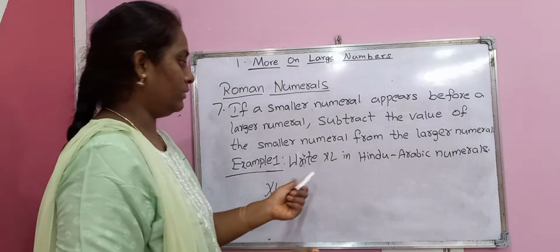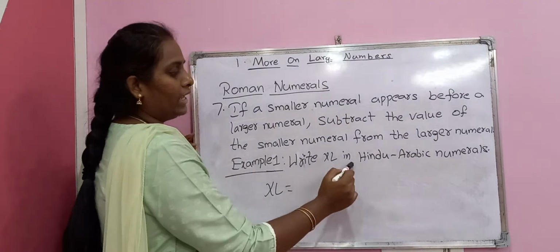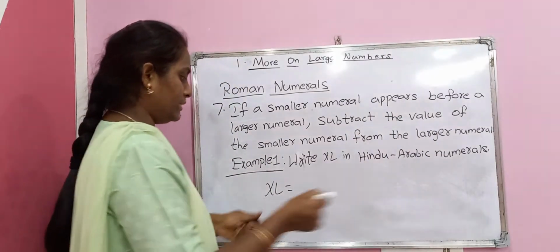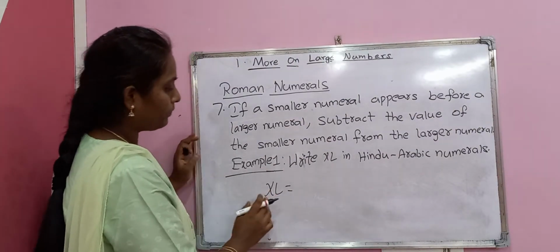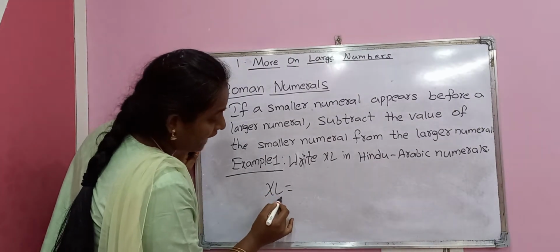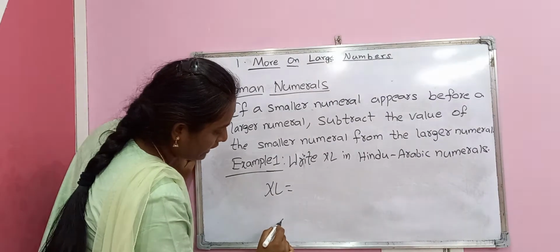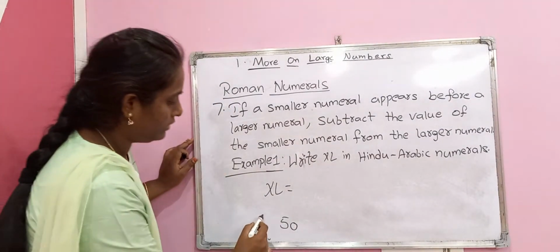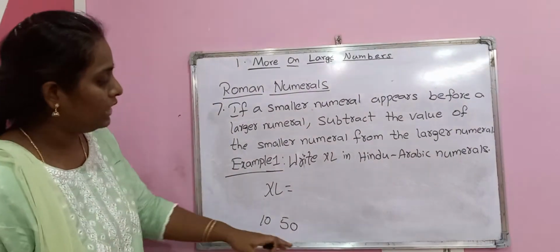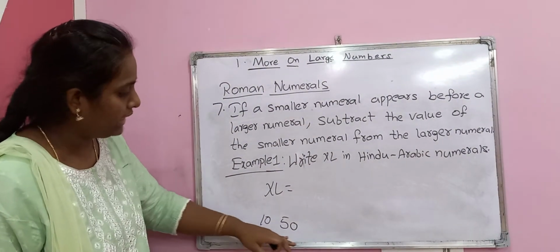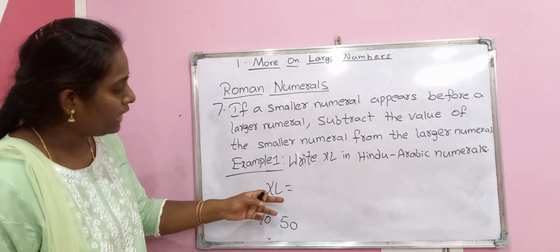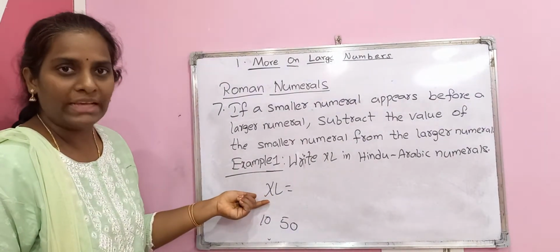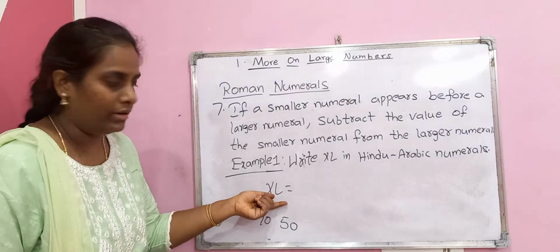Here is one example. Write XL in Hindu-Arabic numeral, meaning our number in numbers. XL. See, what is the L value? L value is 50. What is the X value? 10. So 10 is smaller than 50. X is smaller, L is larger.